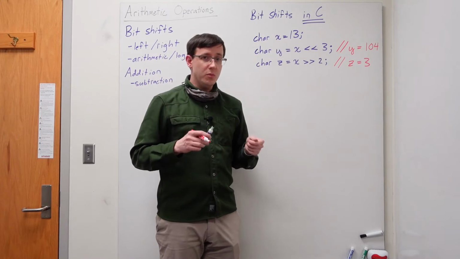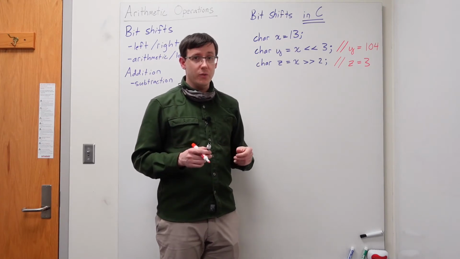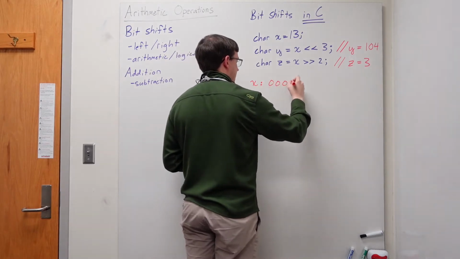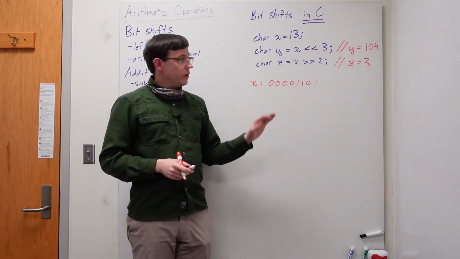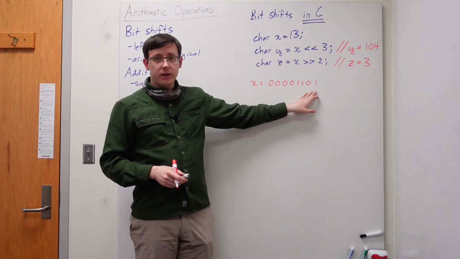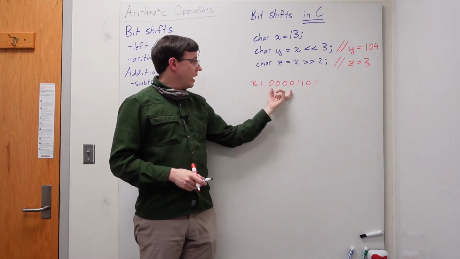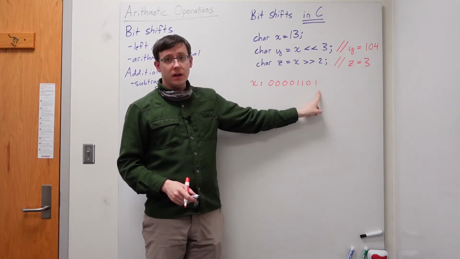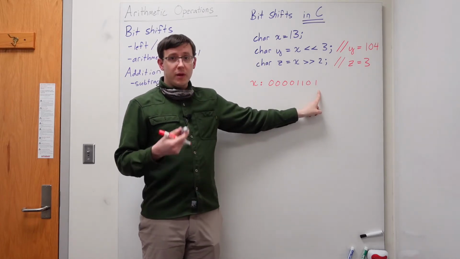To illustrate this a bit more precisely, let's think about what's going on with the binary representation. A character is an 8-bit signed integer, and so we have the number 13 represented in 2's complement binary.